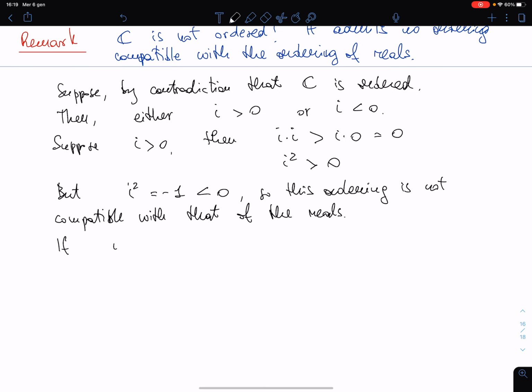If, on the other side, I is less than 0, then complete it as a homework. And the last homework on complex numbers is the following.